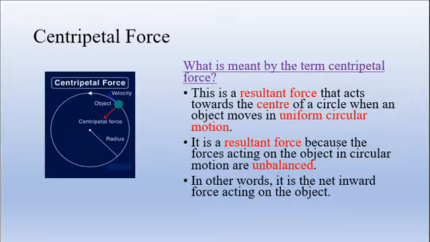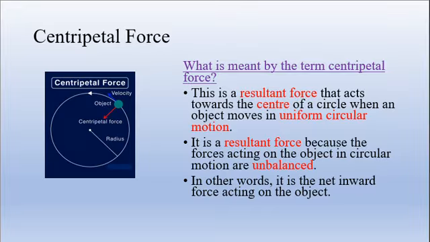Now that we understand what is meant by the term tangent, what is meant by the term centripetal force? A centripetal force is simply a resultant force that acts towards the center of a circle when an object moves in circular motion.